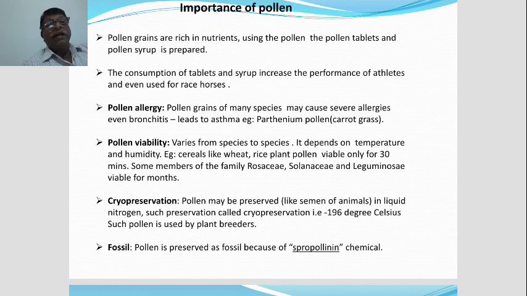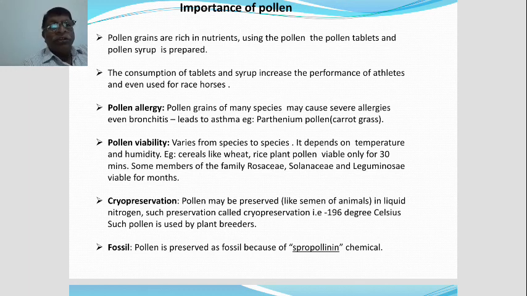You can see the diagram exhibiting pollen tablets and pollen syrup. What is the importance of this tablet?